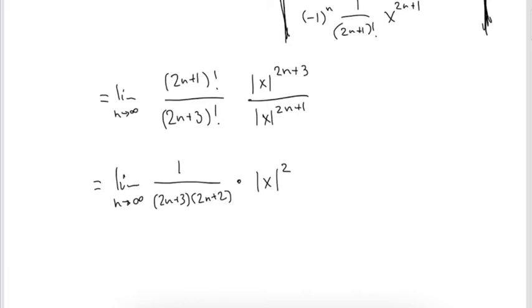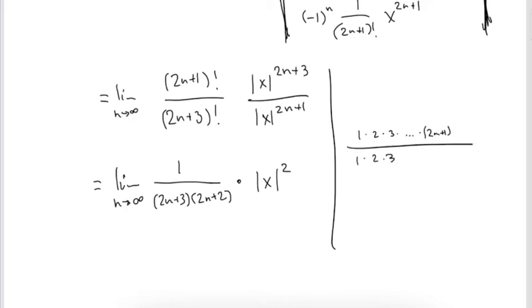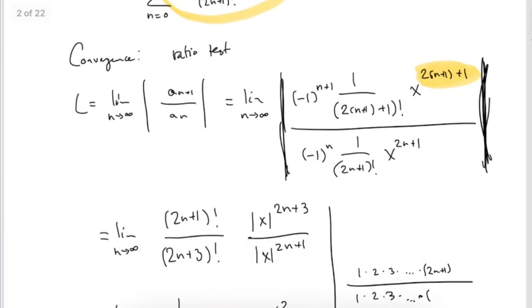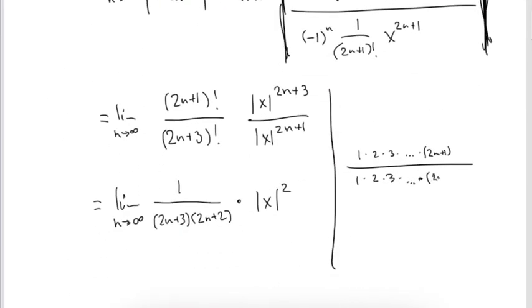Because what you have on the top is, little sidebar here, 1 times 2 times 3 times everything up to 2n plus 1. And on the bottom it says 1 times 2 times 3 times everything up to 2n plus 3. That means you do get 2n plus 1, but you also get 2n plus 2, and then finally you get 2n plus 3.